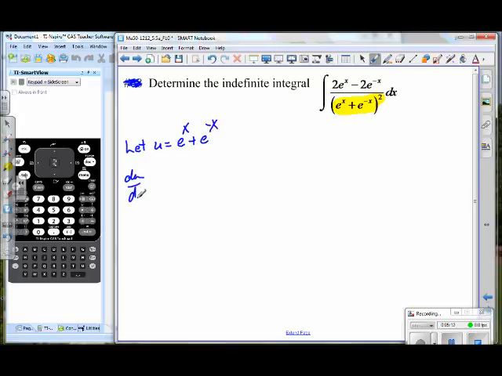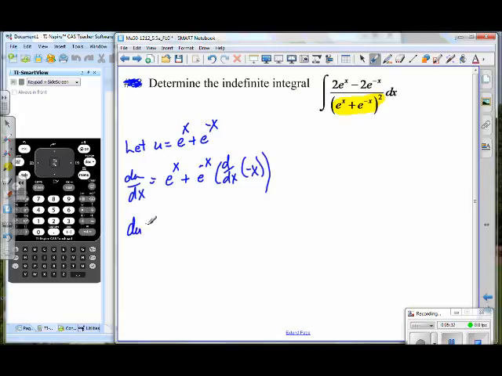Take the derivative with respect to x. E to the x is simply e to the x. Derivative of e to the negative x is e to the negative x. Then we must take the derivative with respect to x of the exponent. Remember, it's not simply e to the x, it's e to the opposite of x.